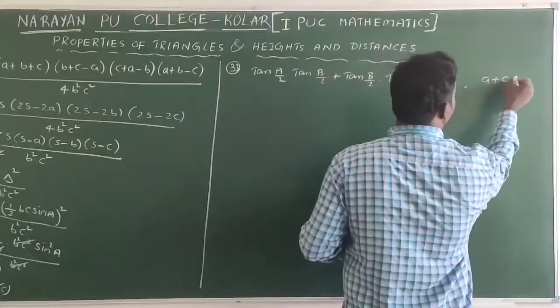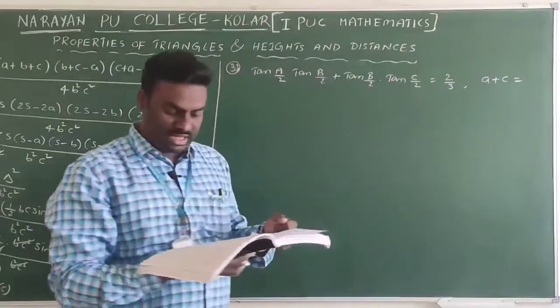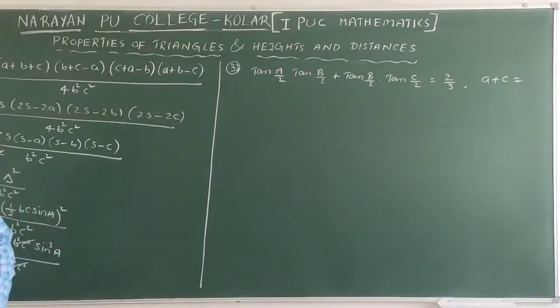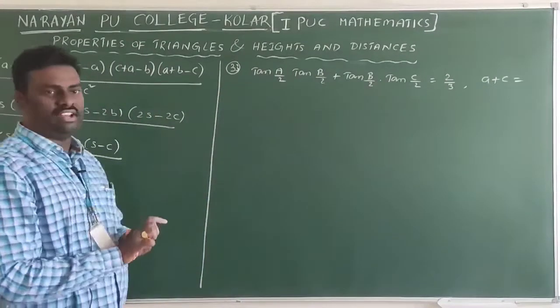Then you need to find A plus C equal to. So here I am using half angle formulas.